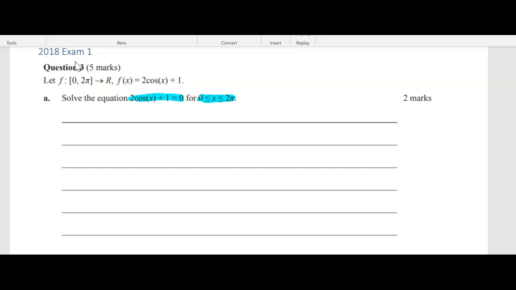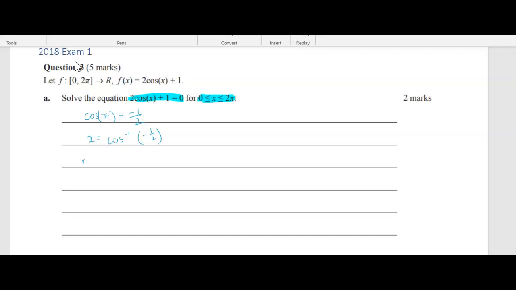Okay, so what we need to do when we're solving is find the reference angle first, or the basic angle. All right, so I'm going to take that 1 over as -1, and then we're dividing by 2. So we've got cos x equals -1/2. So x is equal to inverse cos of -1/2.